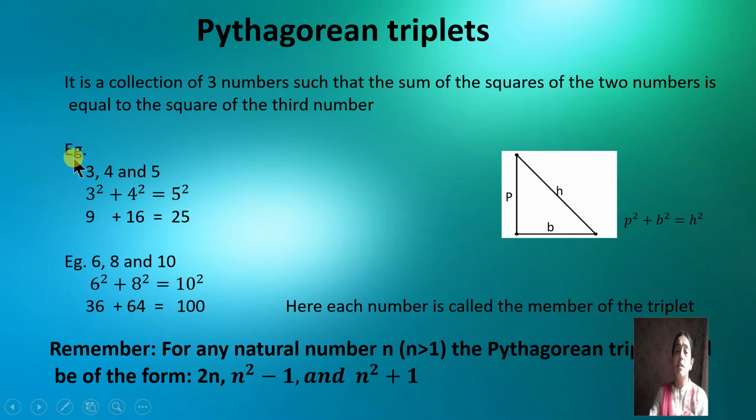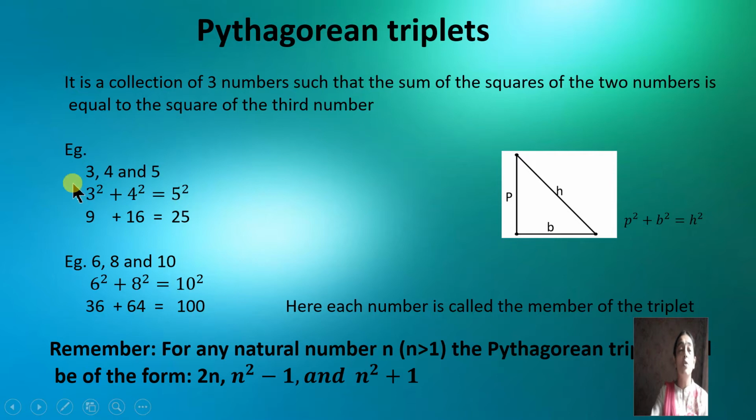Let's take one example. 3, 4 and 5. Now 3 square plus 4 square should be equal to 5 square. Then only they are said to be Pythagorean triplets. So 3 square is 9 and 4 square is 16. 9 plus 16 is equal to 25, which is correct.